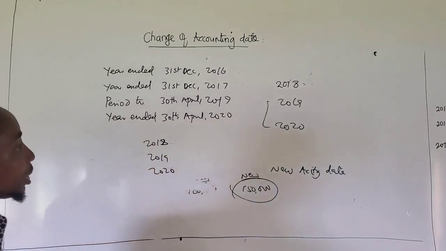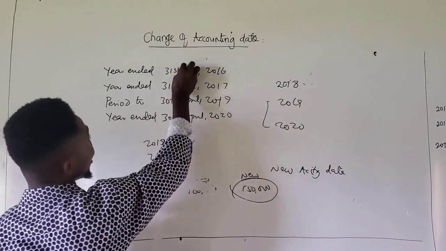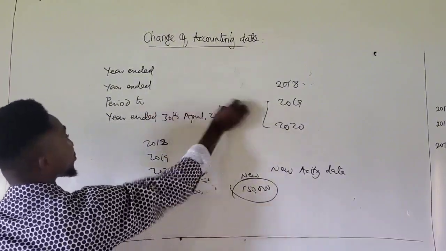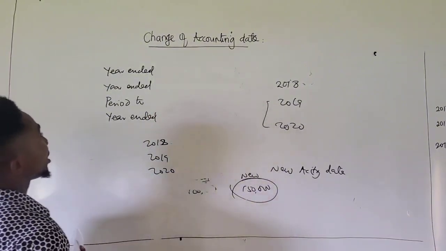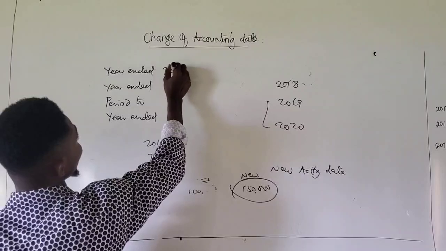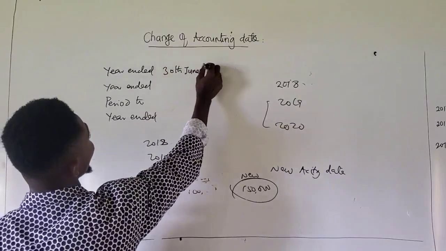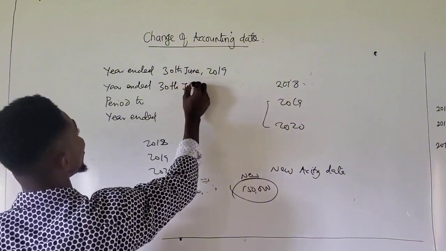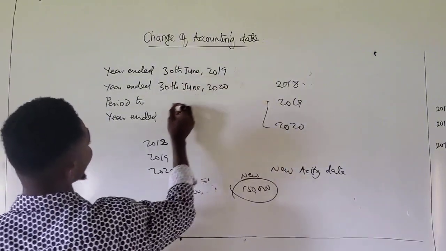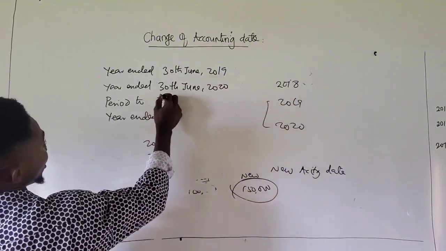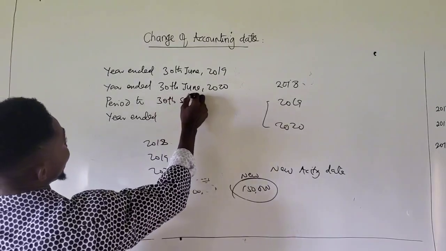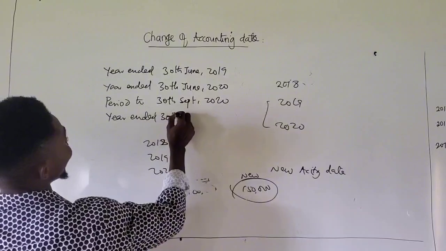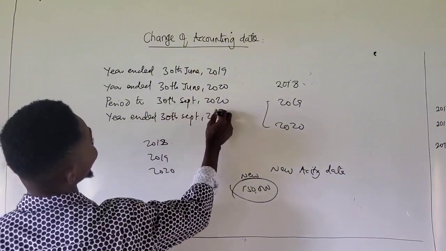Then let me give you the last scenario that sometimes might look complicated. Okay, let's say we have year ended 30th June 2019, 30th June 2020, period to let's say 30th September 2020, 30th September 2021.